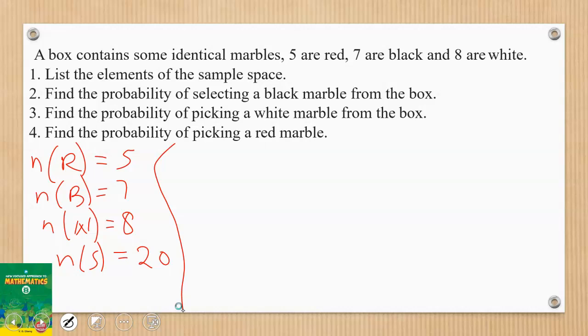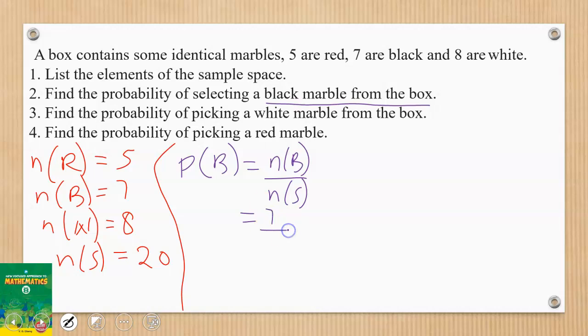Right. Now we want to find the probability of selecting a black marble from the box. Probability of selecting black will be equal to the number of black in the box over the number of sample space. So number of black we have 7, sample space is 20. And since we can't reduce this to the lowest form, we leave our answer as such.